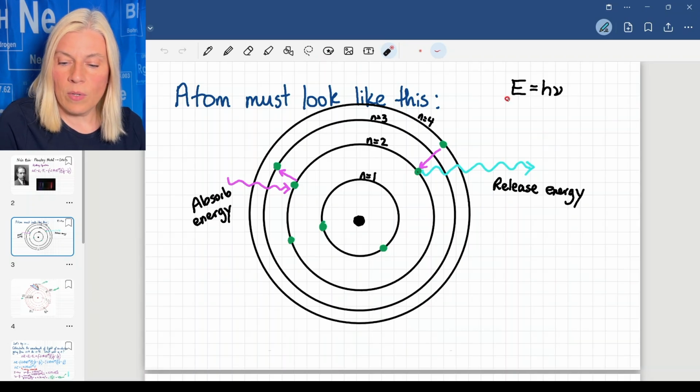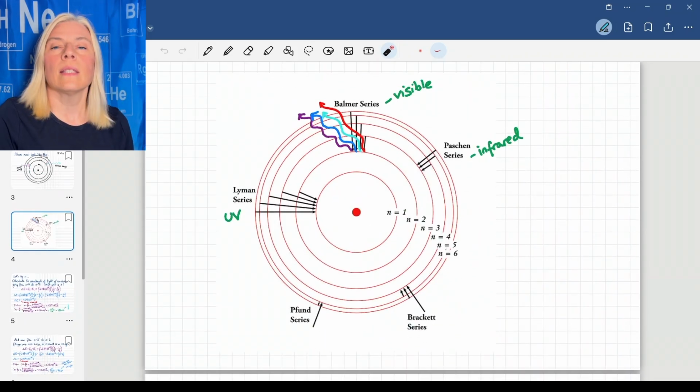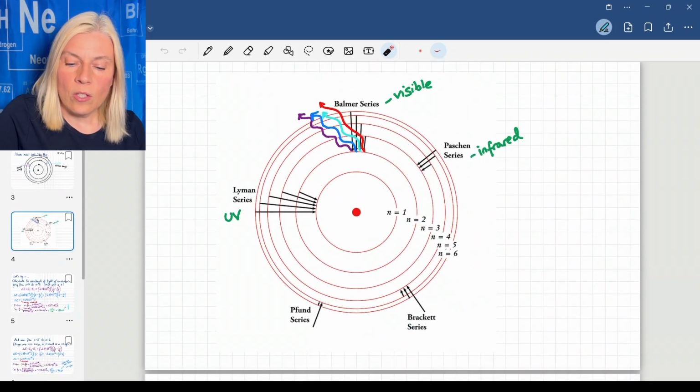So, and then remember, energy is directly proportional to frequency. In a way, this also looks like this. If you go from the third to the second orbit, it's less energy than from the fourth to the second, which is still less energy, less of a jump than from 5 to 2 or from 6 to 2.